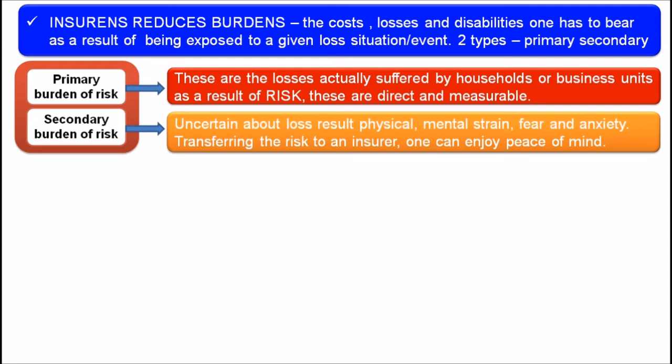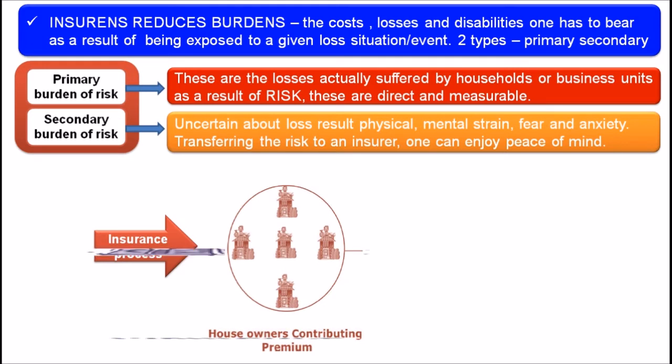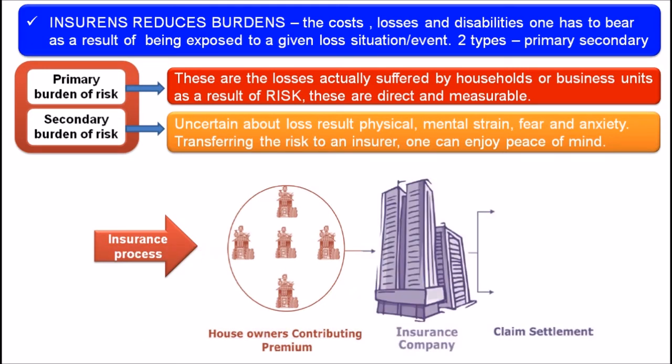Insurance reduces burdens. How? By transferring the risk to an insurer, one can enjoy peace of mind. So if you want peace of mind, just take insurance. What is the process? For example, house owners contribute premium to the insurance company, and if something happens, the insurance company will settle the claim. So this is how insurance works.